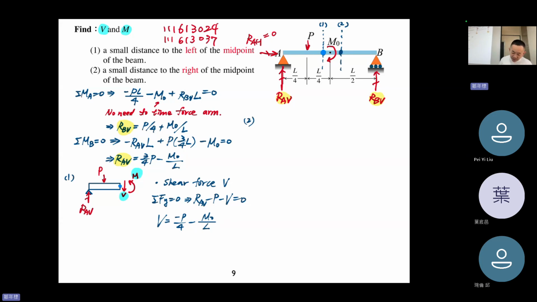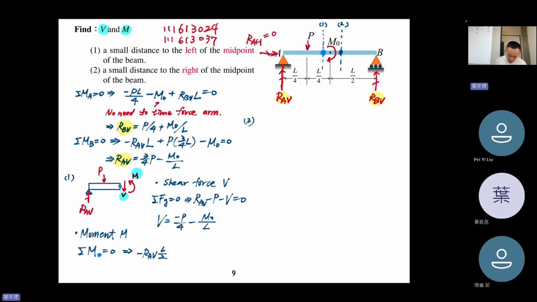So we obtained V. How about moment? Sigma M about the blue dot equal to 0. RAV times L over 2. And what is the sign? RAV is clockwise, so it will be minus.